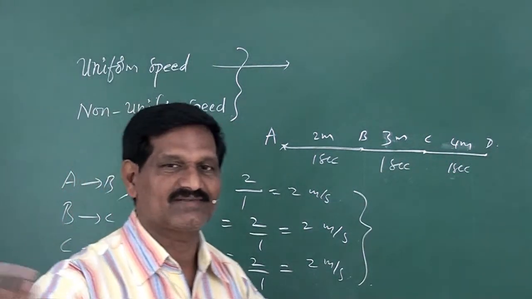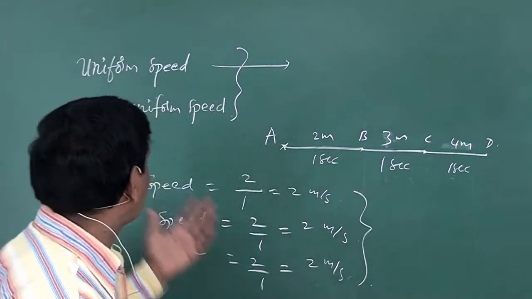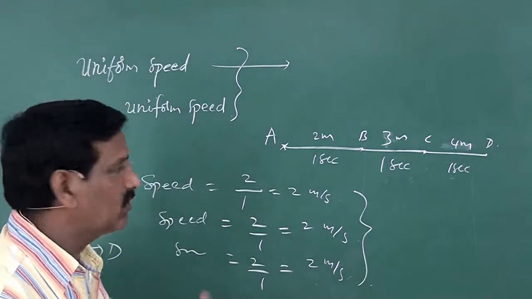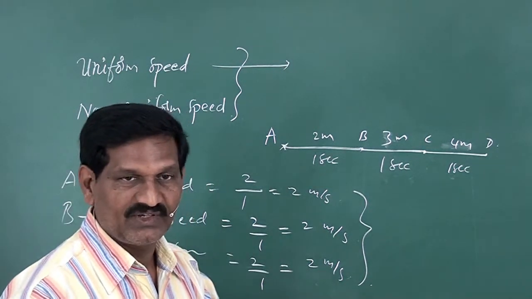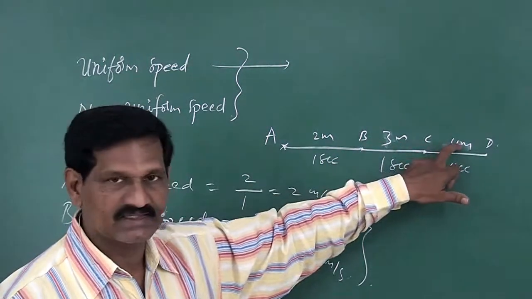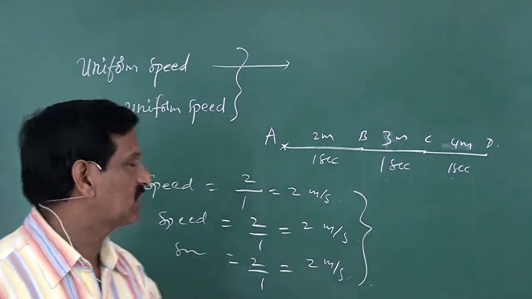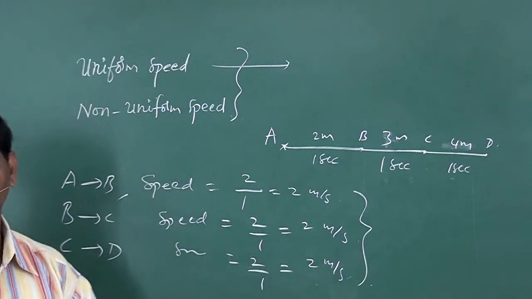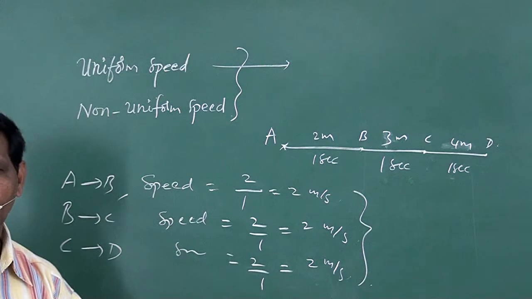So speed varies from time to time. Hence this is called non-uniform speed. So body is said to move with non-uniform speed if the body covers unequal distances in equal intervals of times. So this is the difference between uniform speed and non-uniform speed.